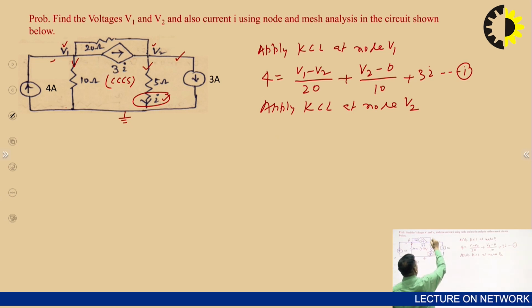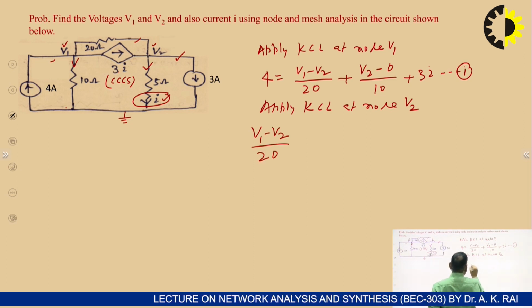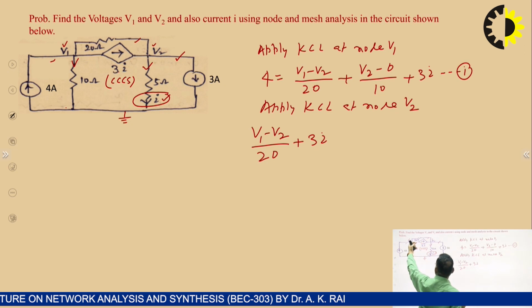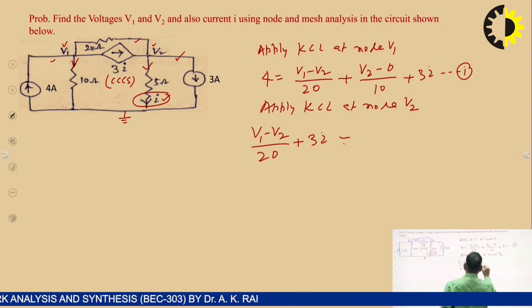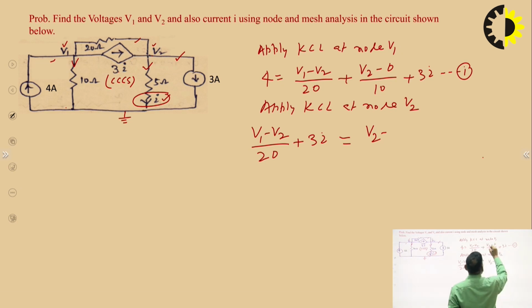V1 minus V2 upon 20 is approaching the node, plus 3I, this current is also approaching the node, is equal to V2 minus 0 upon 5, that is away from the node, plus 3.